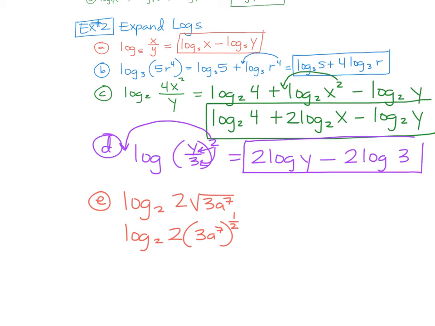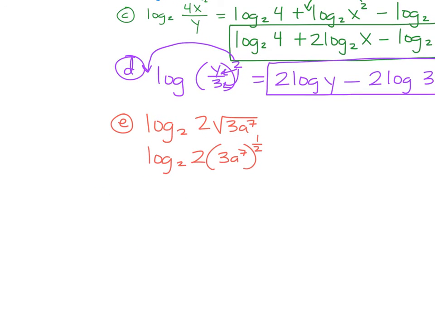So I would probably, for those of you that can do this in your head as like 2 quick steps, that's fine. I would probably rewrite this a little more expanded before I expand the whole thing. So I would call it log base 2 of 2 times, this would be 3 to the 1/2 power, and a to what power? 7/2. Okay, so now we can break it up a little bit easier.